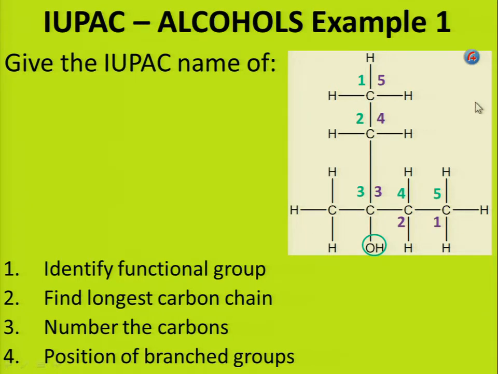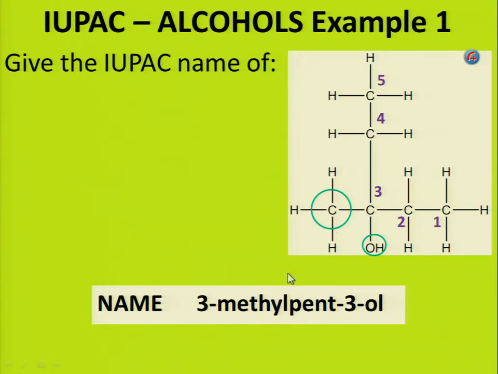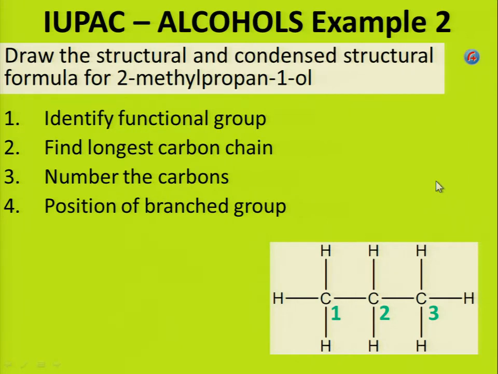So in this case, your numbers are both correct. Now, very important. To name this alcohol, you tell me where the substituent is, which is carbon 3, 3-methyl, pent, because you have 5 carbons in your longest carbon chain, and then 3-ol, because the OH group is at carbon 3.